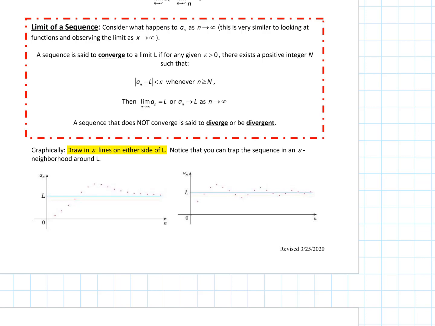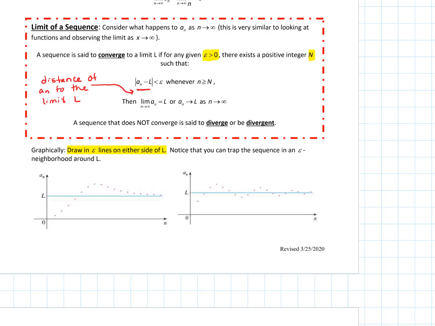We say that it converges if, given any epsilon greater than 0, so we can pick any number we want, we can make it as small as we want, then there must exist some positive integer N so that the absolute value of a sub n minus L, which is actually referring to the distance of the terms a sub n to the limit L, can be made as small as we want.